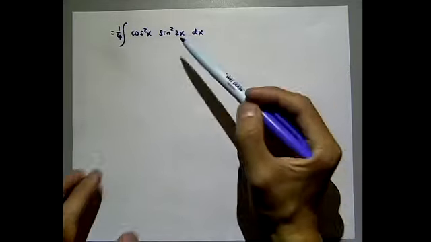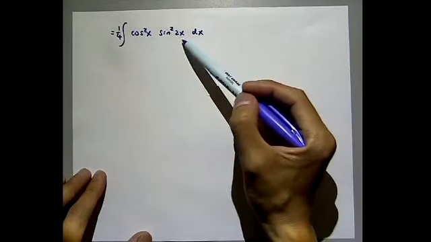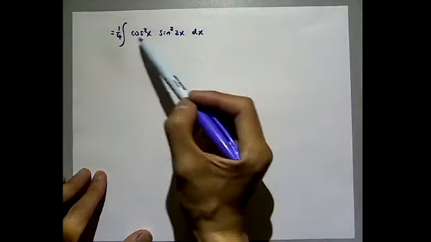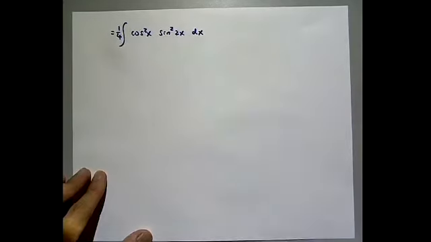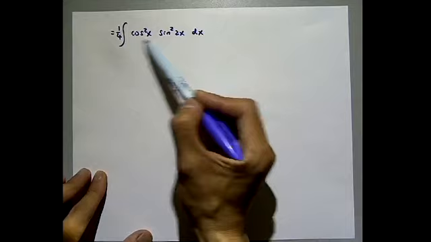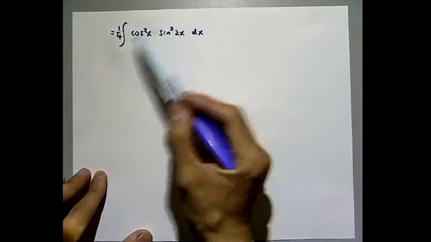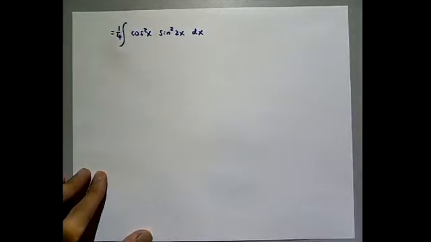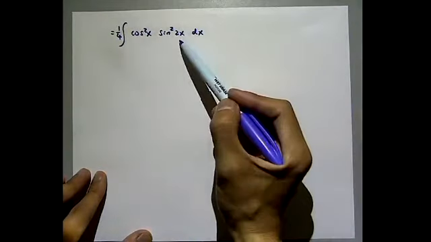If I use the half angle identity for sine, then I'll end up with cosine of 4x all over the place, and then I have cosine of x and cosine of 4x all over the place. Not very good. But if I use the half angle identity for cosine, then I'll get cosine of 2x all over the place. Here I have sine of 2x, which turns into cosine of 2x by the Pythagorean identity.